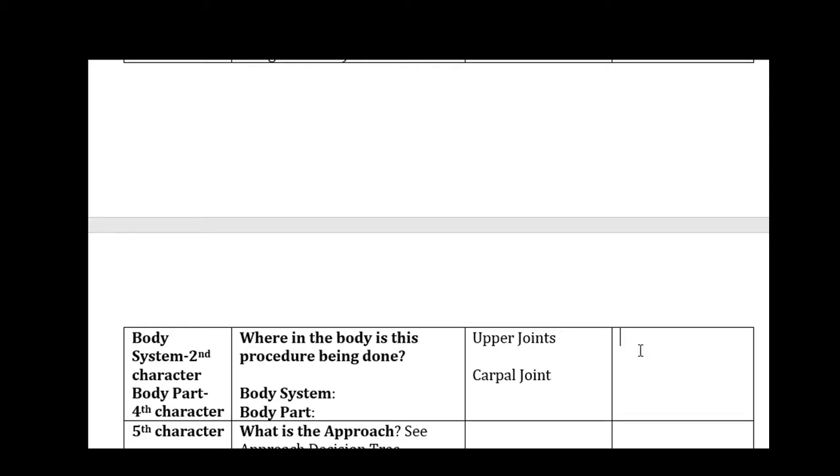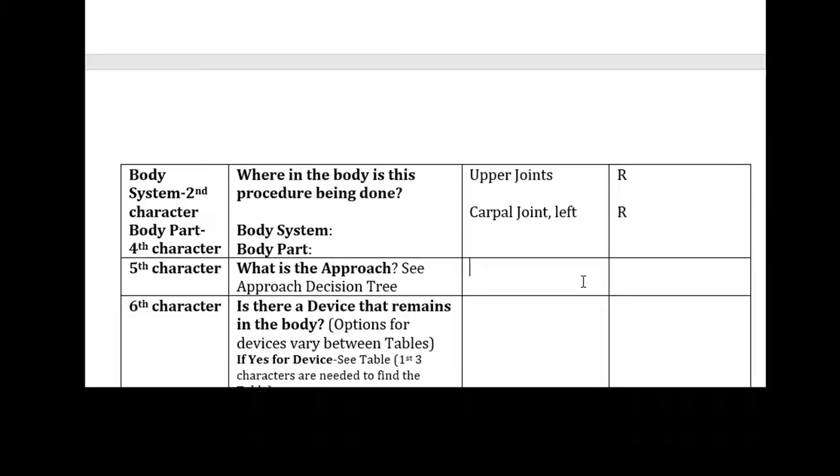Upper joints body system, R is your value, and that carpal joint is R for left. Don't forget your laterality. The approach is open. And as we mentioned earlier, no device.